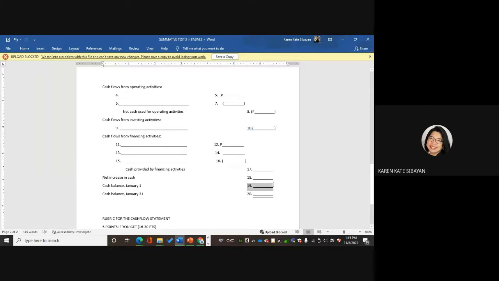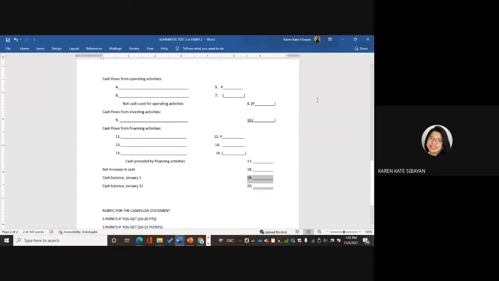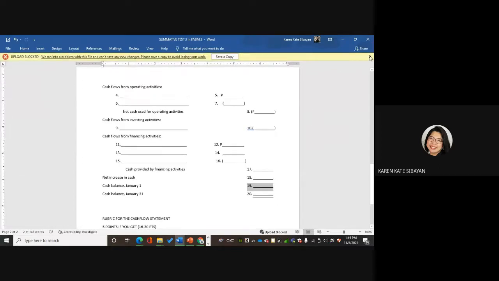Cash balance on January, meron ba? Meron ka bang previous balance? So kung wala, anong ilalagay dyan? Kung meron, yun ang ilalagay dyan. Then, the cash balance ng January 31, you will add the net in cash and the cash balance of your January 1.